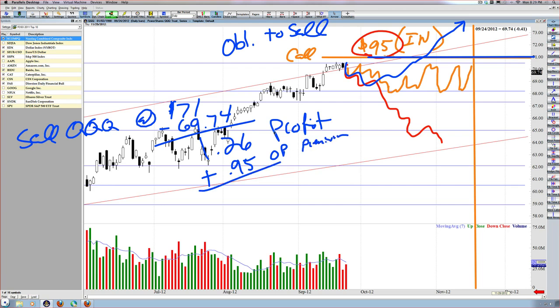So your actual profit on this trade right now, you can go do this trade tomorrow. And if the Qs go up, you will make $1.26 plus 95 cents, $2.21 times 100 shares if you did it for one contract. So that is going to be $221 in profit.